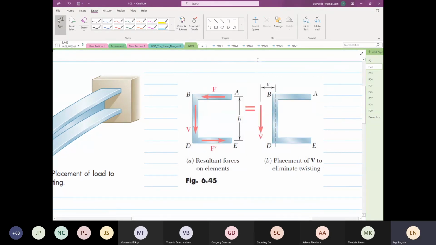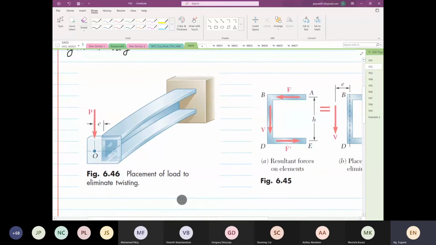I want you to hear me out. Now, what is going on now? What's going on before? What is going on before is the structure wants to twist. So let me draw my transformation first.